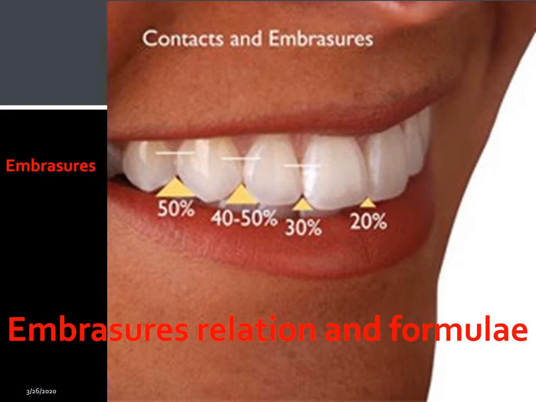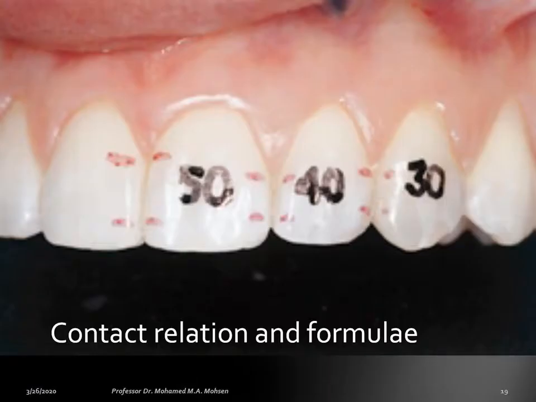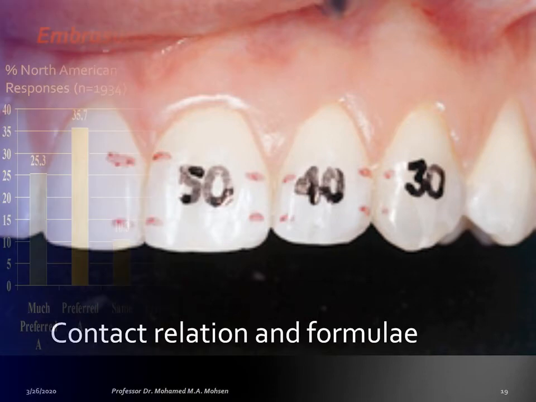It's 50, 40, 30 relation going backward toward the posterior teeth. Okay, here is the contact relation and embrasure relation. They are in inverse relation to each other.